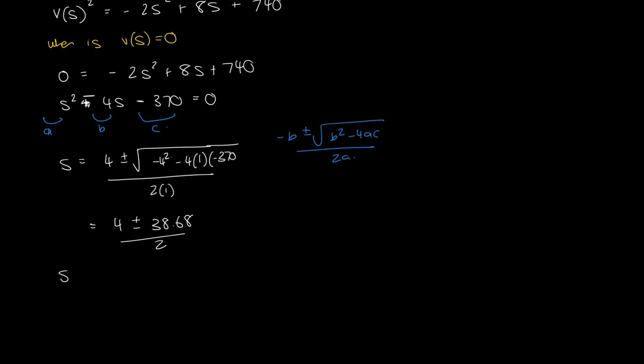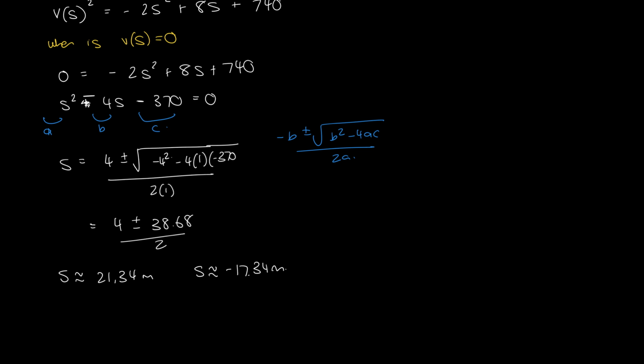So s is going to be approximately equal to 21.34 meters, and s is approximately equal to minus 17.34 meters. Now this is saying that the velocity is equal to 0 when s is either of these two.